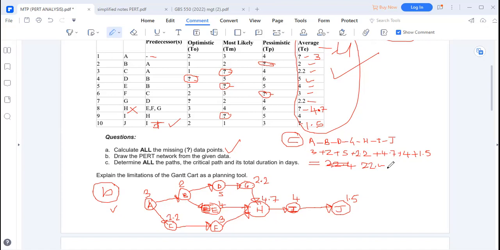If these are in days, it's 22.4 days, but we have to go for the other route as well.